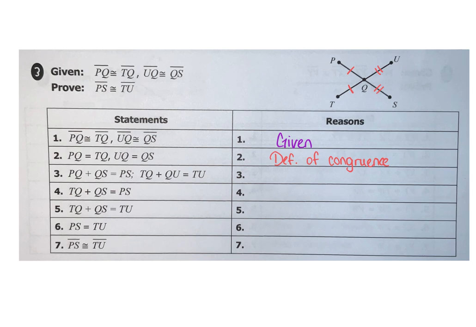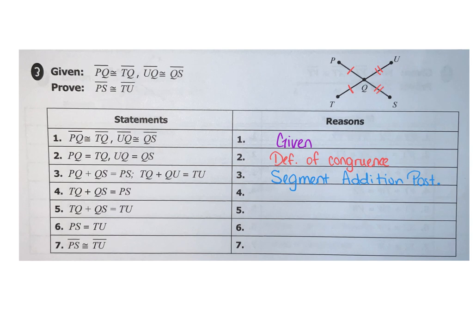What rule or definition or postulate tells you that you can add parts of a segment to get the whole segment? So all they did is they added up two parts of the whole. That's the segment addition postulate. So segment addition postulate tells us that we can add the pieces up. Segment addition postulate. All right.